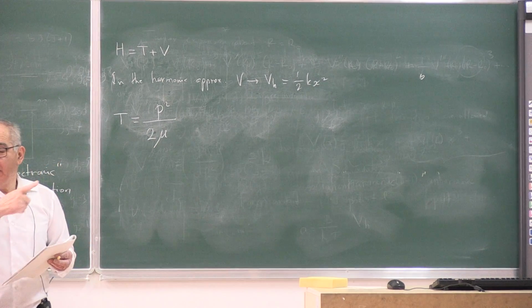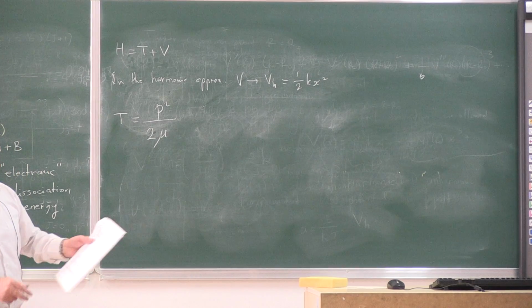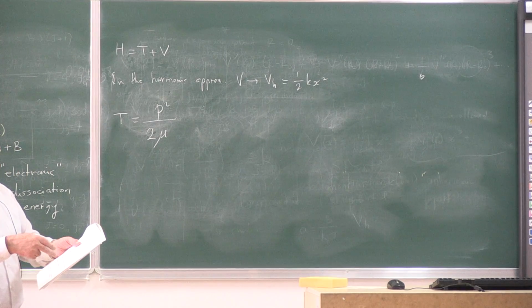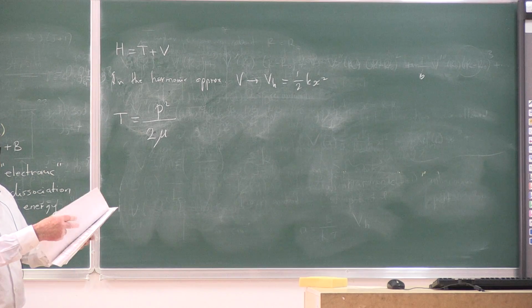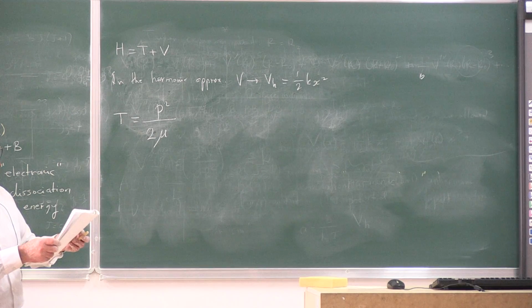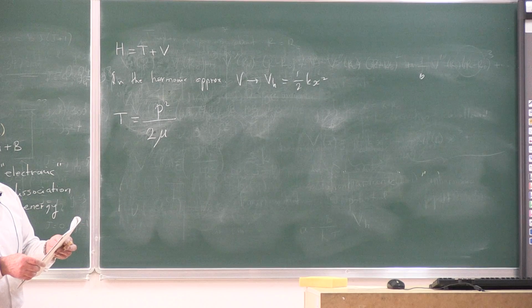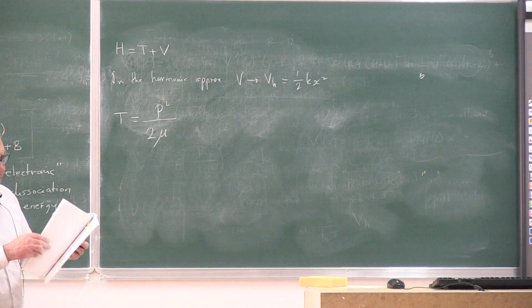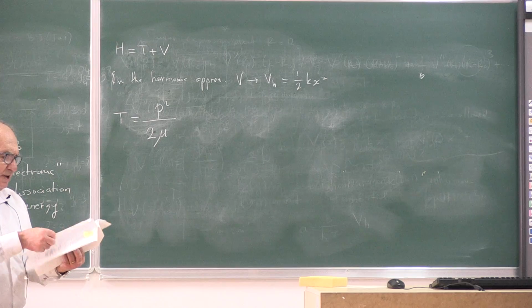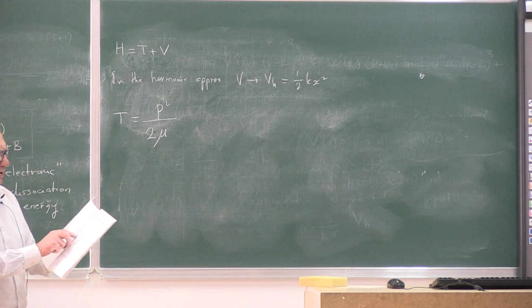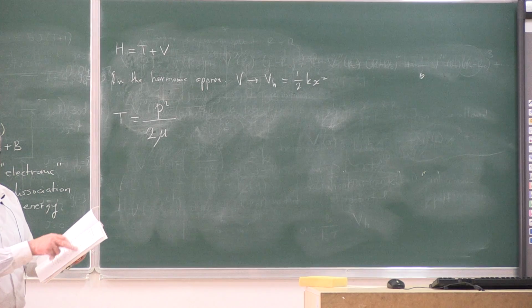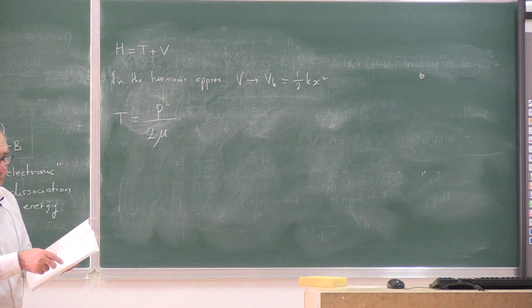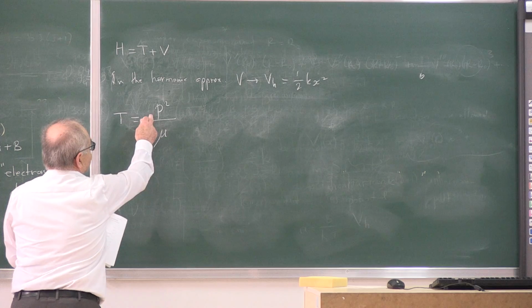Now, this expression for kinetic energy, I have tried to explain to you. There is an appendix at the end of this chapter. This is lecture notes 5. At the end of it, last page, I'm explaining kinetic energy in the vibrational motion of a diatomic molecule, and it is this expression.